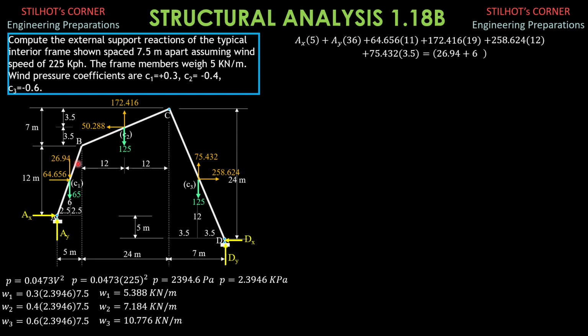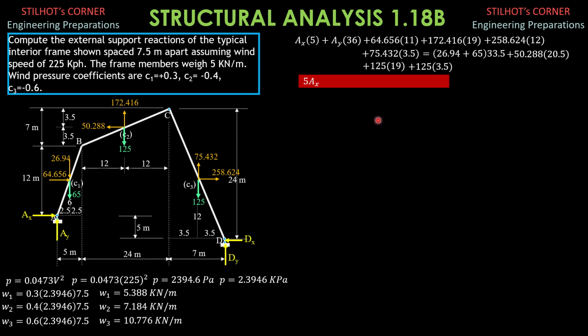It equals quantity 26.94 plus 65 times 7 plus 24 is 31 plus 2.5, 33.5, plus 50.288 times 15.5, sorry, 24 minus 3.5, 20.5, so plus 50.288 times 20.5, plus 125 times 12 plus 7, 19, plus 125 times 19, then plus 125 times 3.5.